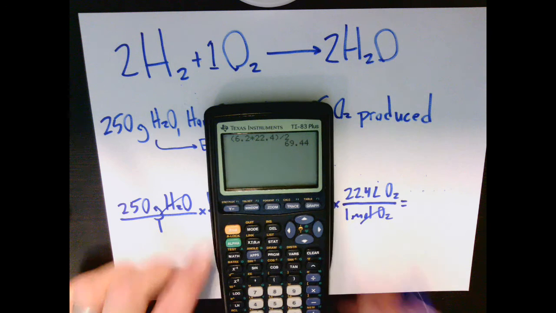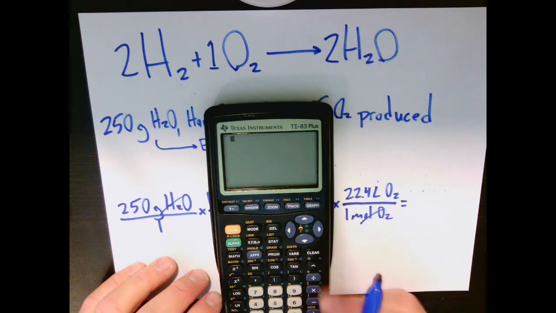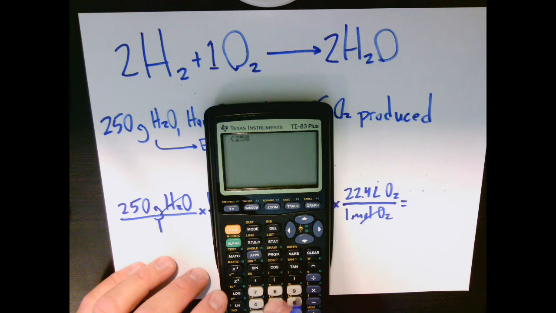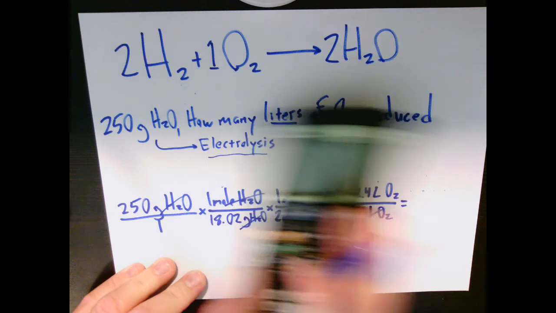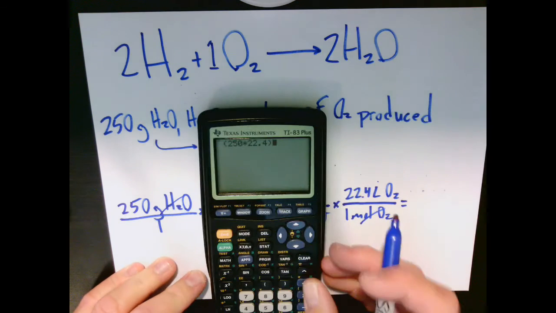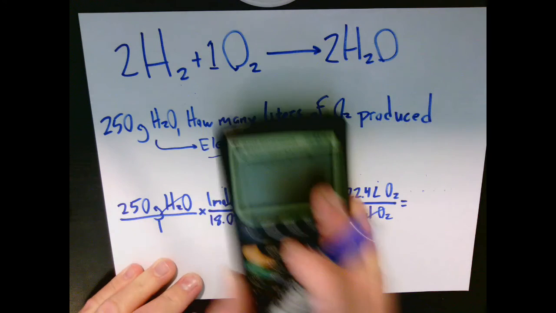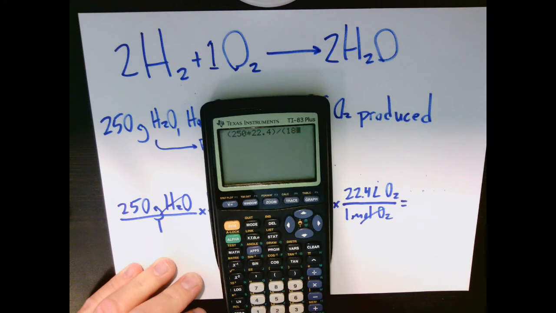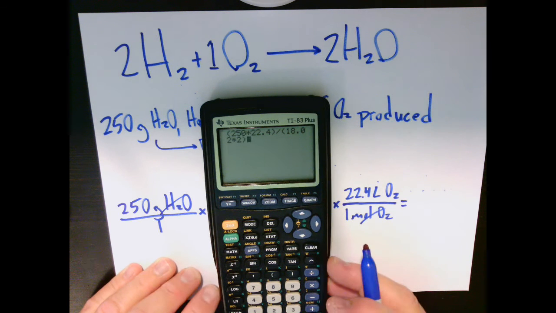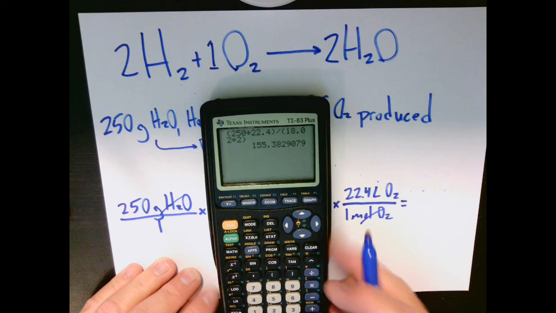Good way to do that on your calculator, I'm going to use parentheses again. 250 times 22.4 in parentheses, divided by, in parentheses, everything on the bottom, 18.02 times 2, close my parentheses, and there's the answer.